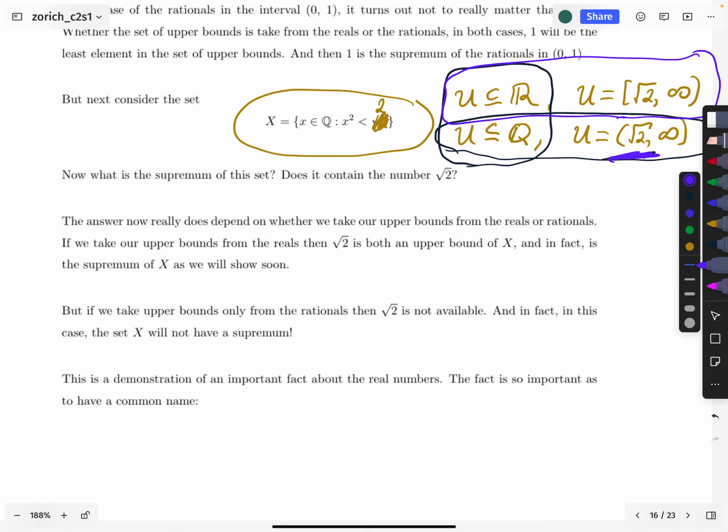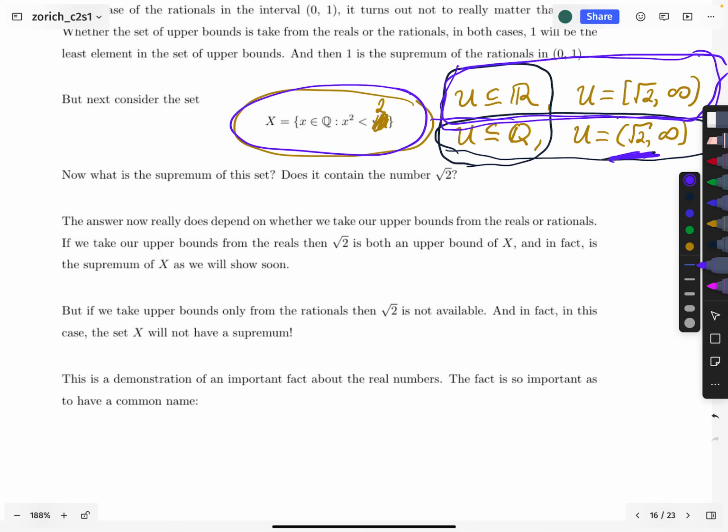So the fact that this set lacks a supremum when the upper bounds are taken from the rational numbers is in a way kind of the fault of the rational numbers, and it is a fault that is fixed by instead using the real numbers.